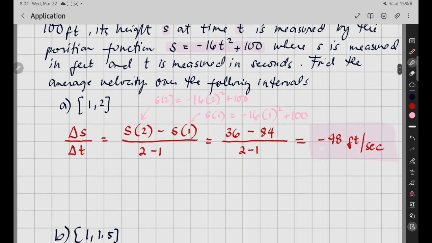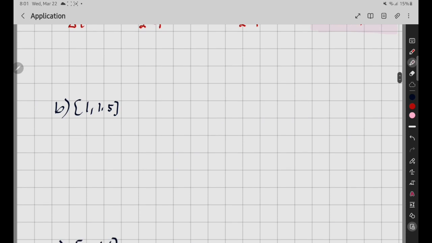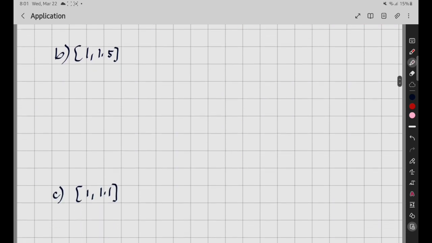Alright, so let's now move on to the second interval. So same process. Alright, so in here we have delta s over delta t is equal to s of 1.5 minus s of 1 over 1.5 minus 1.